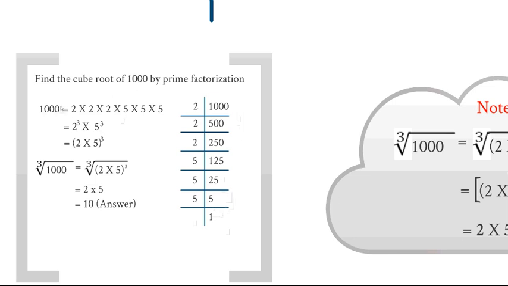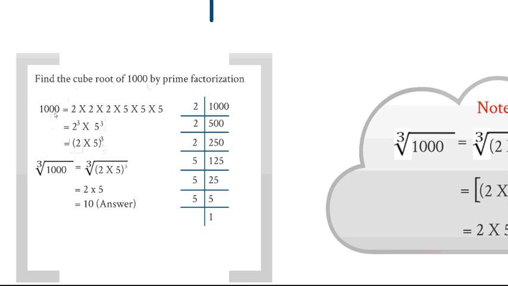Then I write 1000 as a product of primes. So 2, 2, 2, 5, 5, 5. 2 times 2 times 2 times 5 times 5 times 5, and this is equal to 2 cubed times 5 cubed. Again, we know that this is (2 times 5) cubed. The question wants to find the cube root of 1000, not 1000.